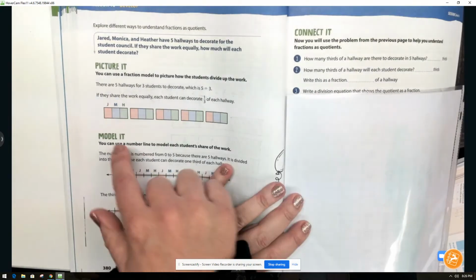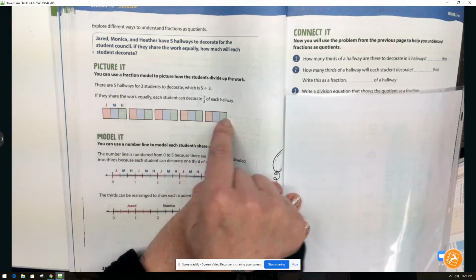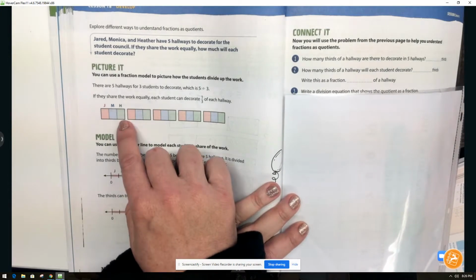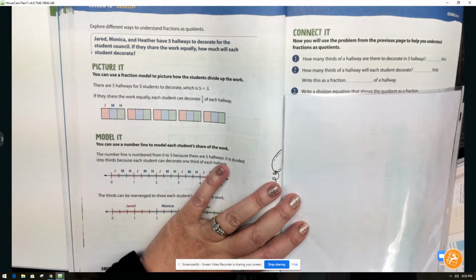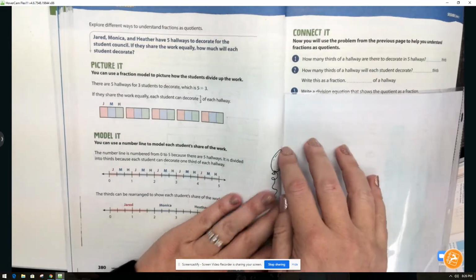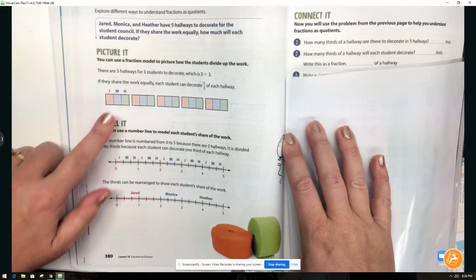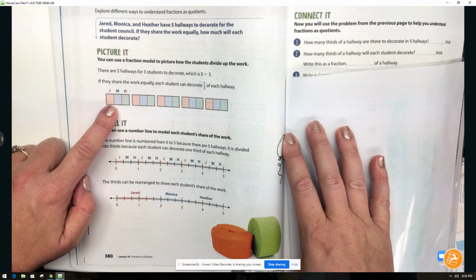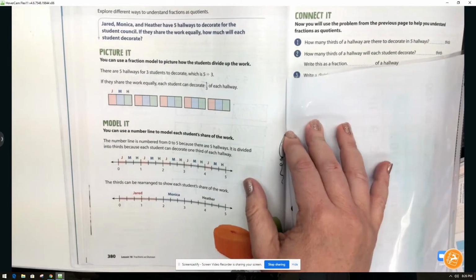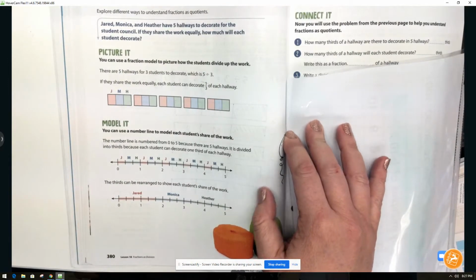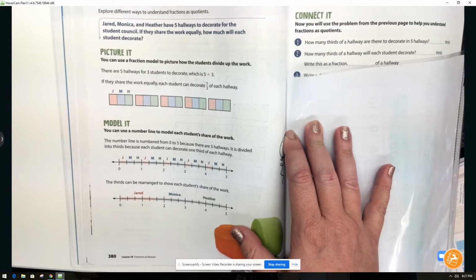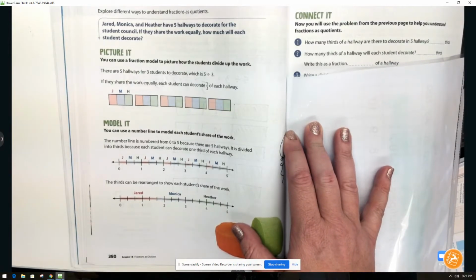Then we could add up all of the reds, for example, or all of the blues, or all of the greens, and we would find out how much each student did separately. So this is using a fraction model to picture how the students would divide up the work. Now, in the model it section, you can also use a number line to model each student's share of the work.